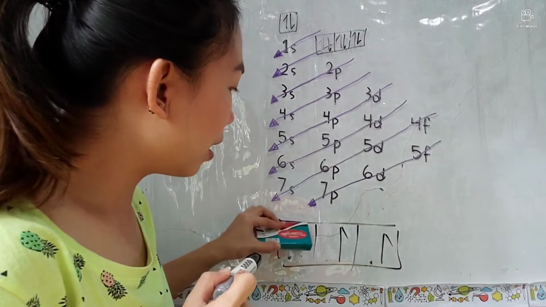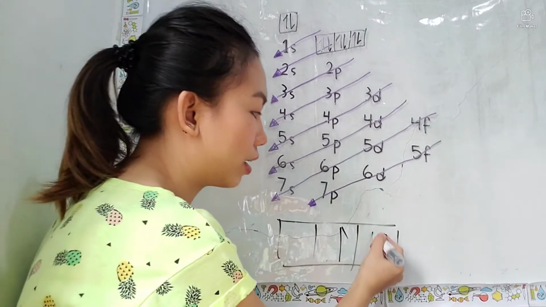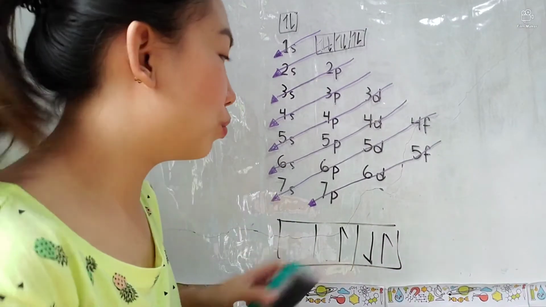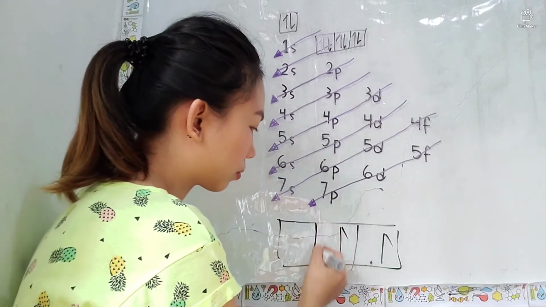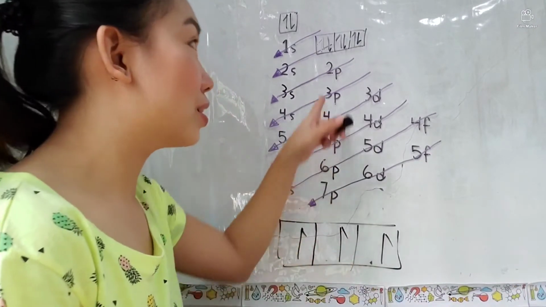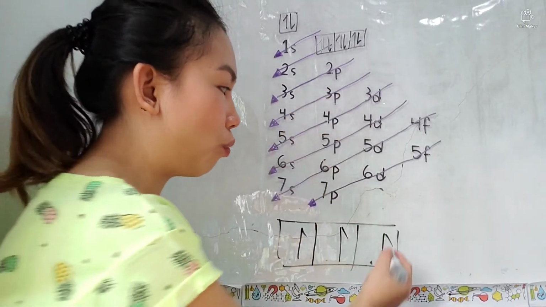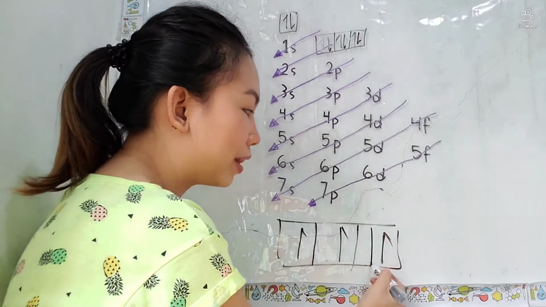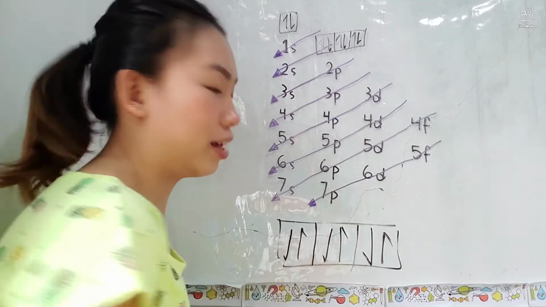As long as wala pang laman itong isa, hindi mo pwedeng doblehin agad yung unang box. Kailangan lamnan mo muna lahat ng boxes bago ka magdoble. So, since P has 6 electrons, we have 1, 2, 3. Ikaapat natin, saka ka magdodoble, 5, and 6.